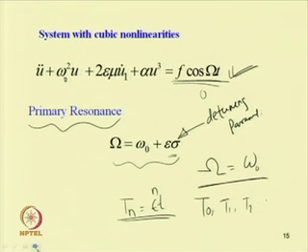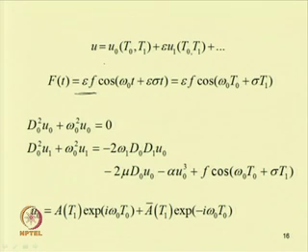So, now taking these terms, we can write u equal to u 0 plus epsilon u 1, and f(t) equal to epsilon f cos of omega 0 t plus epsilon sigma t, that is equal to epsilon f cos of omega 0 T 0 plus sigma T 1. So, as epsilon t equal to small t equal to capital T 0, and epsilon T 0, or epsilon t, equal to T 1, we can write this forcing term equal to epsilon f cos of omega 0 T 0 plus sigma T 1.